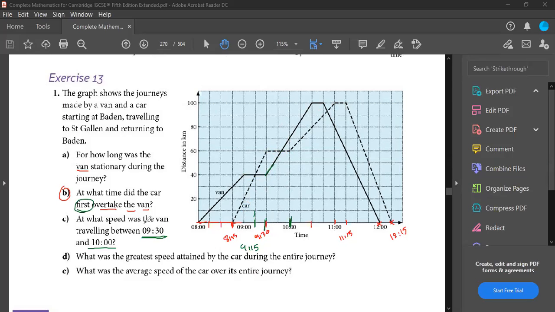And between 40 and 60. The speed was from 9:30 until 10, until here.